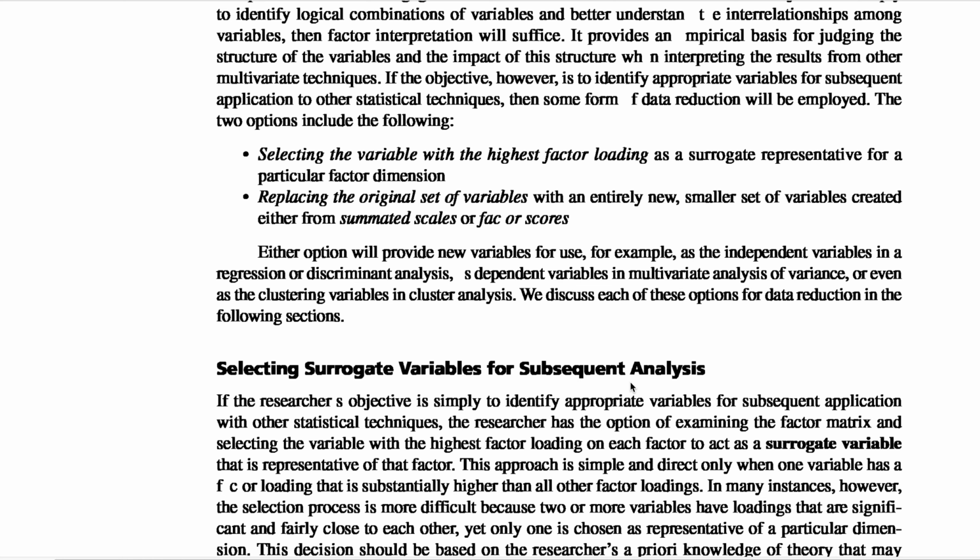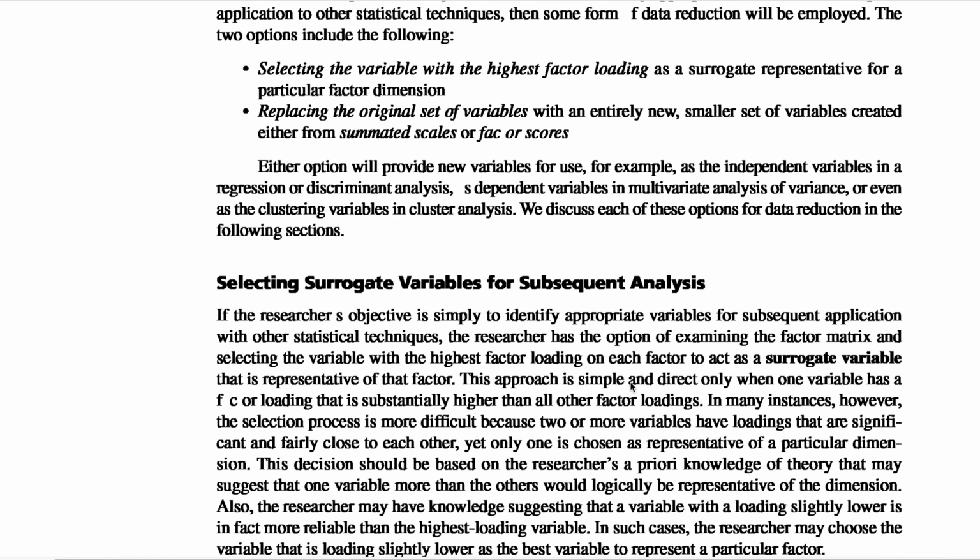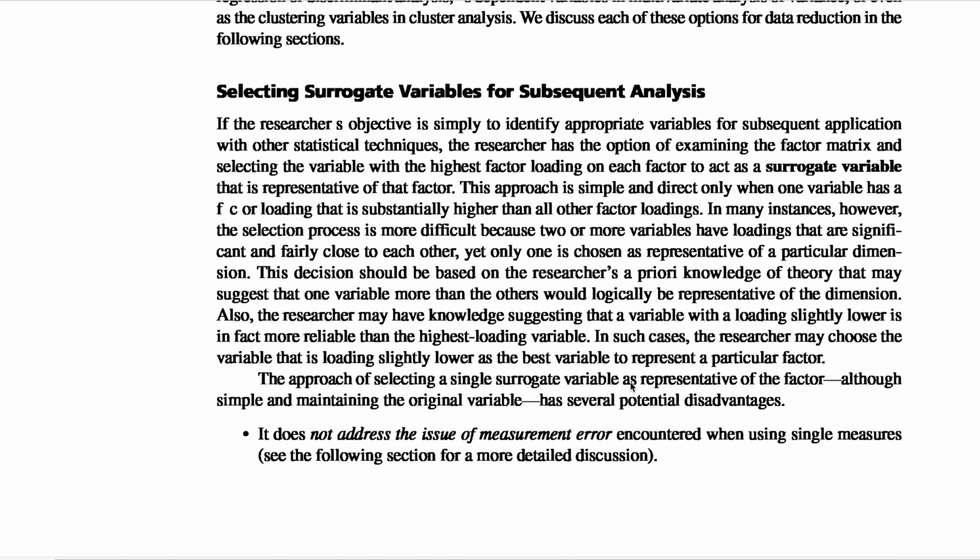Selecting surrogate variables for subsequent analysis. If the researcher's objective is simply to identify appropriate variables for subsequent application with other statistical techniques, the researcher has the option of examining the factor matrix and selecting the variable with the highest factor loading on each factor to act as a surrogate variable that is representative of that factor.